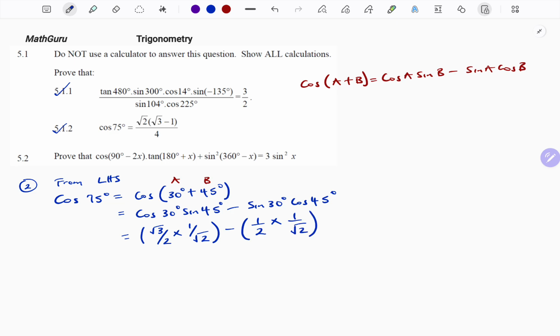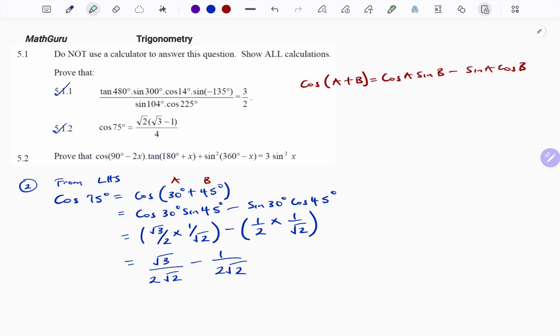I'm going to simplify further what I have in the bracket. Root 3 over 2 times 1 over root 2, that will be root 3 divided by 2 root 2 minus, on my right hand side, 1 times 1 at the top, 1 over 2 root 2.